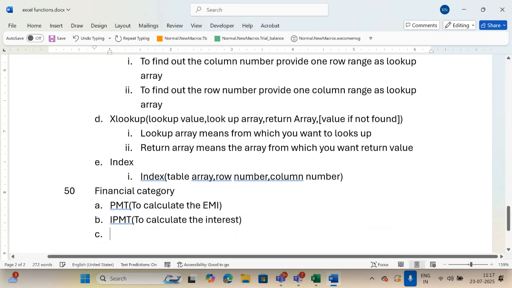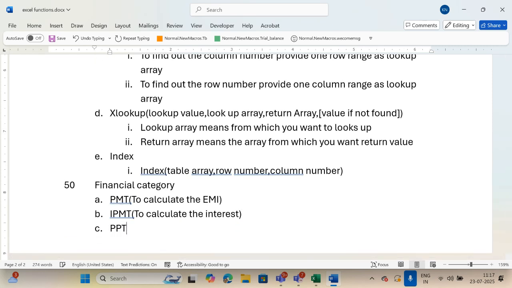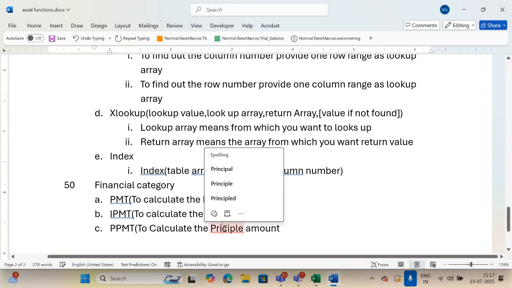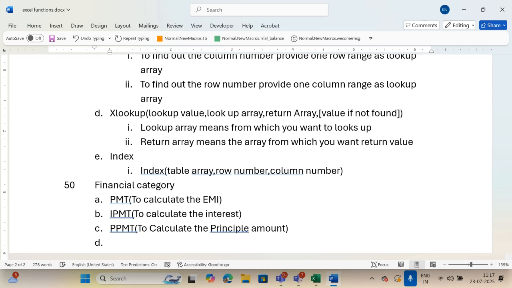Then the next is PPMT, used to calculate the principal amount. Principal amount in an EMI, because EMI is a combination of principal amount and interest.